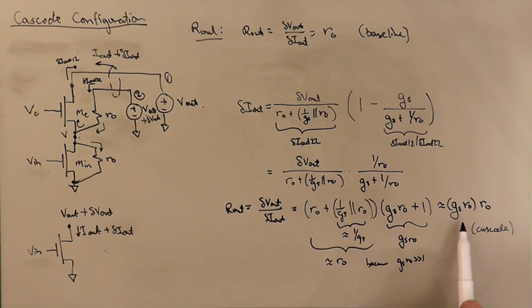So if GS RO is a number like 100, that means that if we were to think about taking what would be the equivalent of a drain characteristic for this cascode configuration, we would find that in the analog of the saturation region, it is going to be something like 100 to 1,000 times flatter than the saturation characteristic of a normal transistor. And so far from being just a factor of 2 improvement, we get a factor of something like many tens to possibly several hundreds, which is a remarkable thing.